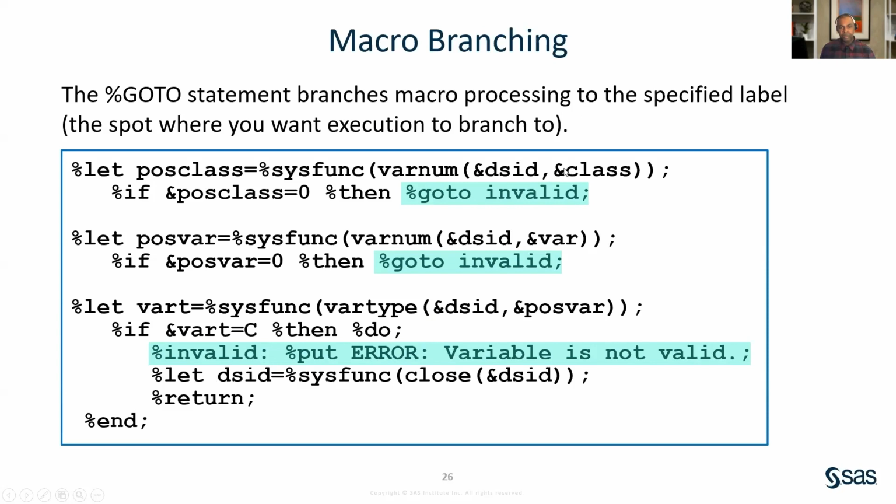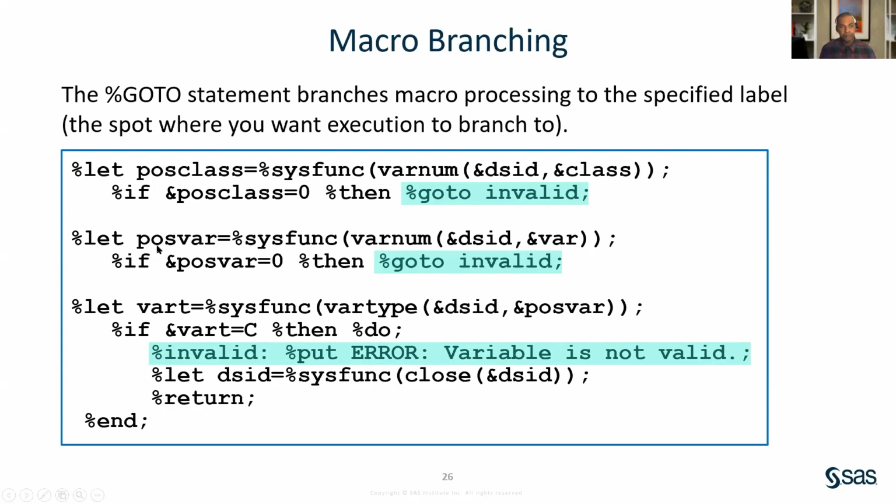Figure out what number it is, what position it's in. %if the position of that variable is equal to 0, that means it's not in the data set. Then %goto invalid. And if we jump to invalid, we're just writing out a note to the log stating the variable is not valid.